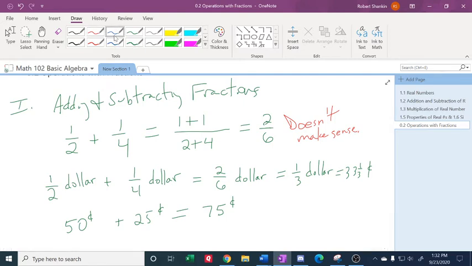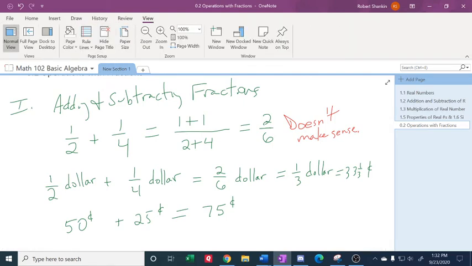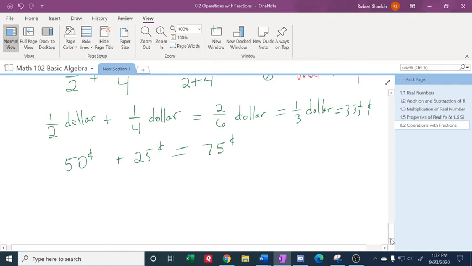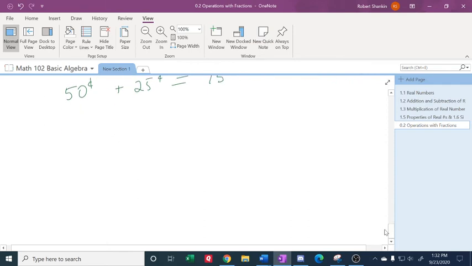All right. We think about it in another way. Let's have pizza. We got half of a pizza plus 1/4 of a pizza.